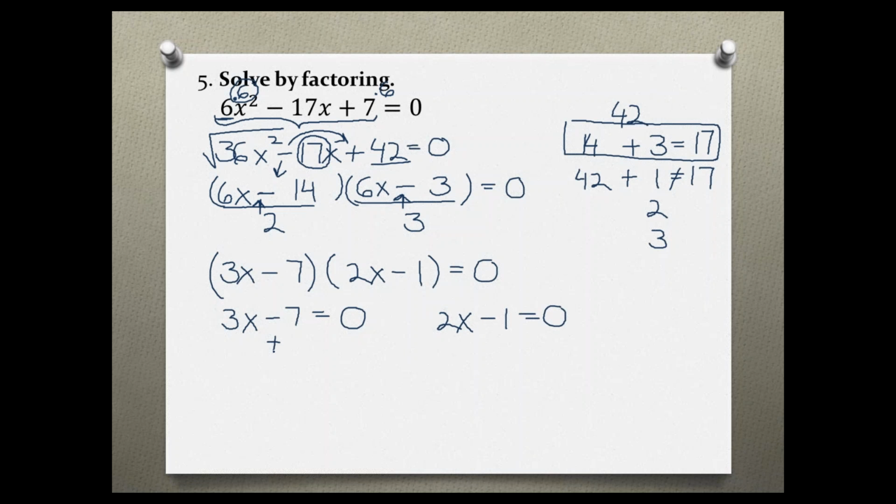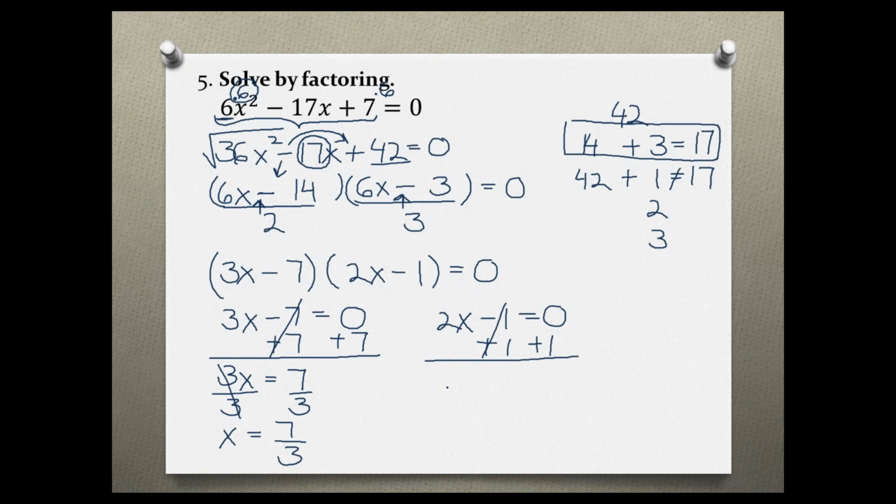Solving for x, let's add 7 to both sides, and we are left with 3x equals 7, and then dividing by 3 on both sides, we get x equals 7 over 3. We cannot reduce. So moving on to the second part, over here we can add 1 to both sides.